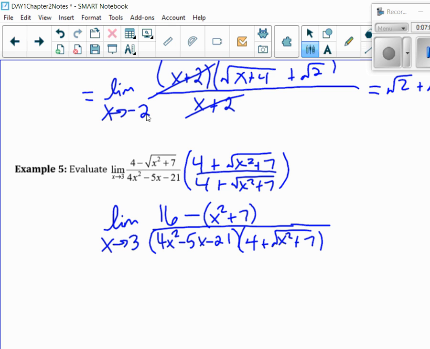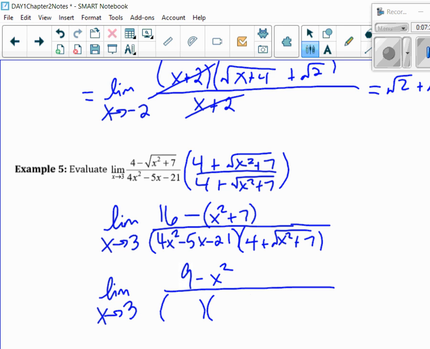Okay, so what's 16 subtract x squared subtract 7? 9 minus x squared. Now, does everybody know what that factors to be? Yes, 3 minus x times 3 plus x. So that means I probably have something in there. So there's probably going to be an x and a 3 in there, right?